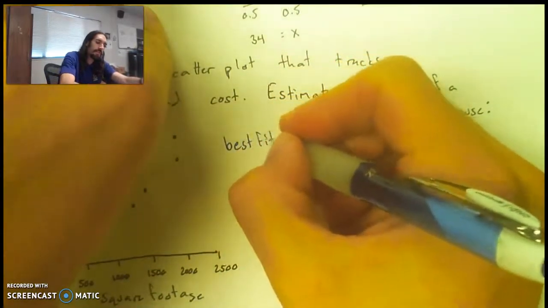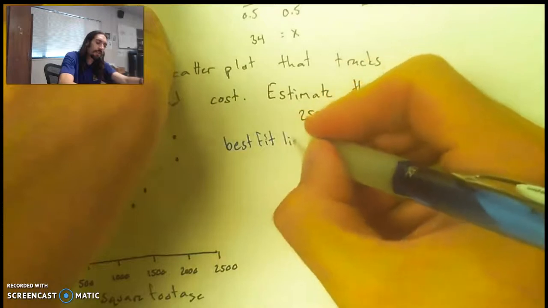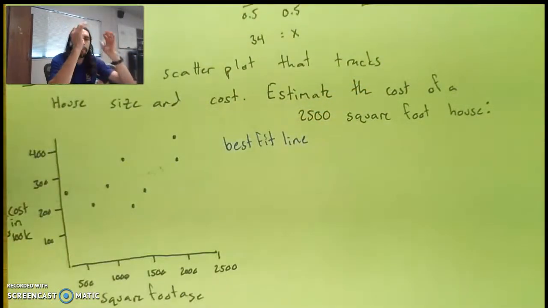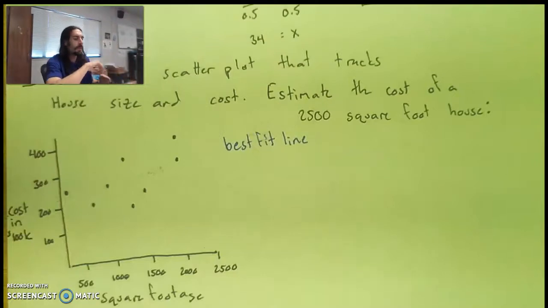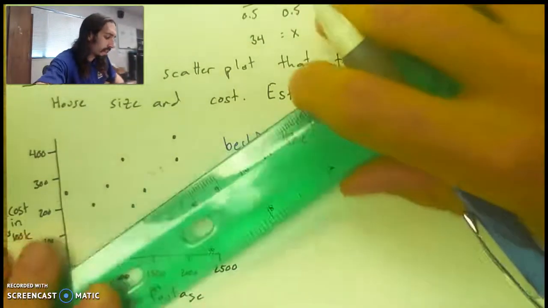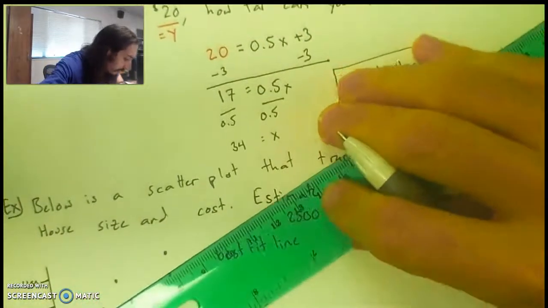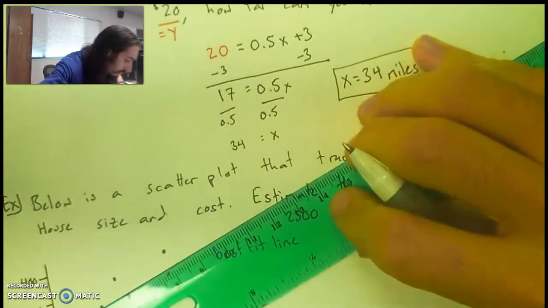There's a fancy calculation you can do to draw that best fit line in, but essentially it means to be in the middle of all of your dots. You want some dots above, you want some dots below, and you want it to feel like it's pretty much in the middle. So if I came to this particular graph, I would probably draw in a line roughly here.